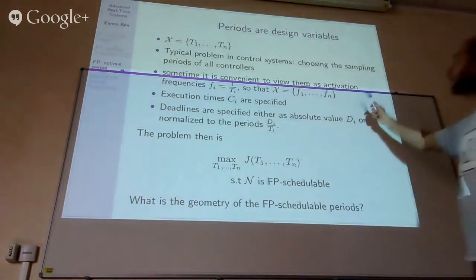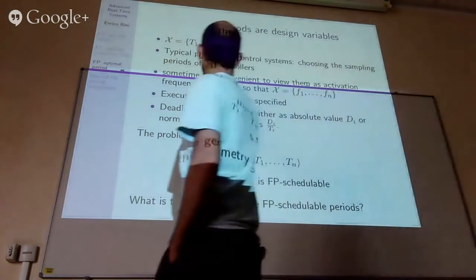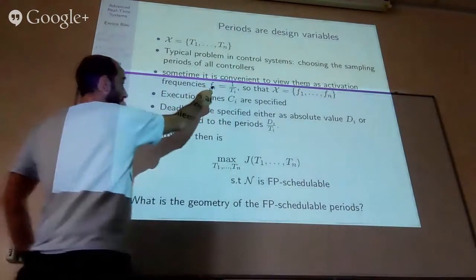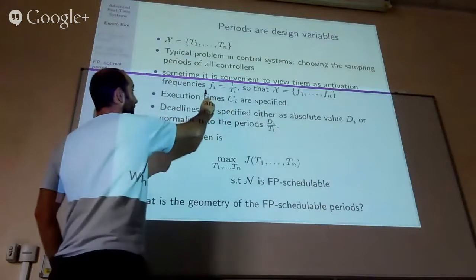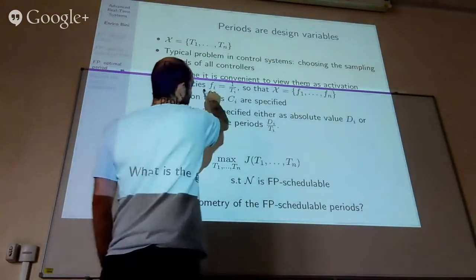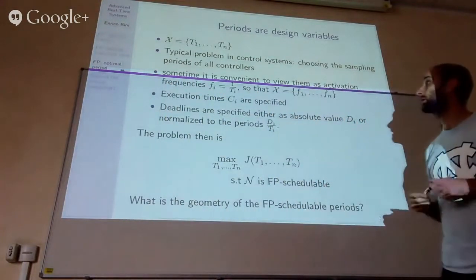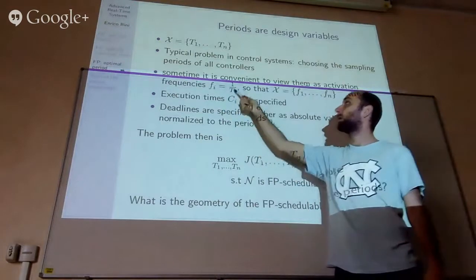So, yes, choosing the sampling periods of controllers. Of course, the variables in this case are periods, or equivalently, I will use the frequency of activation. So I just denote Fi, just 1 over Ti.